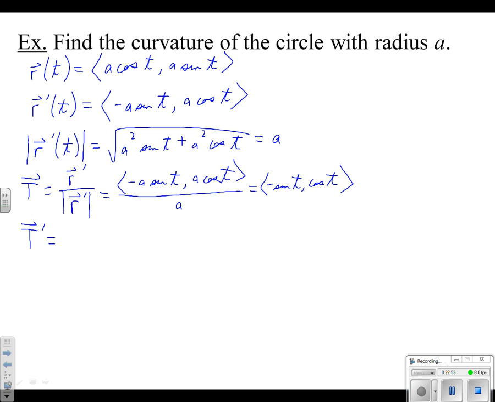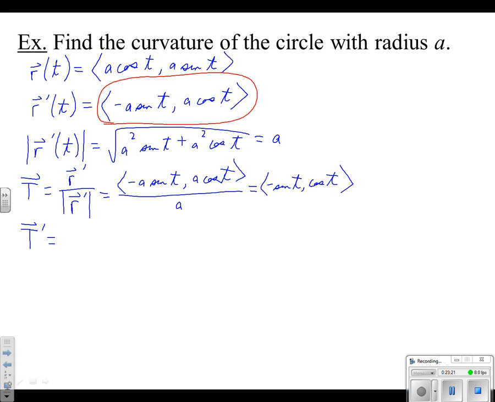By the way, some people may be thinking that T prime is just r double prime. Maybe you're thinking, okay, if T is r prime, then wouldn't T prime be r double prime? The answer is no. If I were to take the derivative of r prime, I would get r double prime, but there are going to be some a's in there.